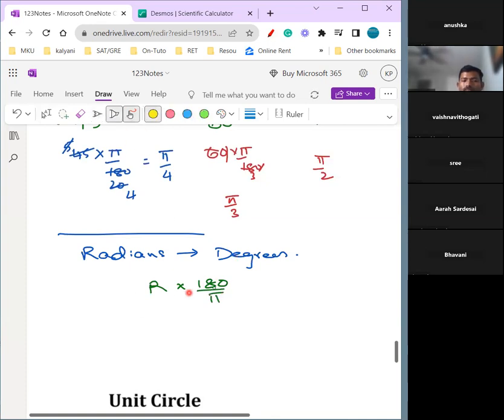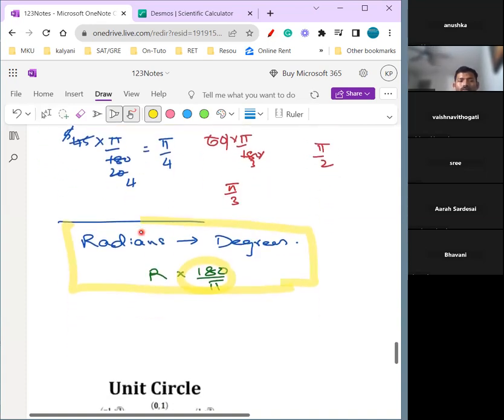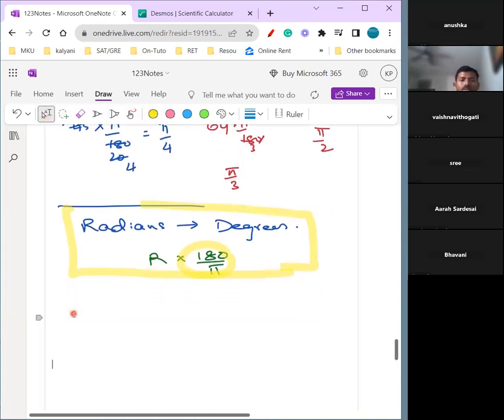That's why you got the pi with 180 over. Okay, that's the next rule. Let's do the same questions and go backwards and see what you guys get. So I'm going to take pi over 4 and convert into degrees. All I have to do is multiply with 180 over pi.